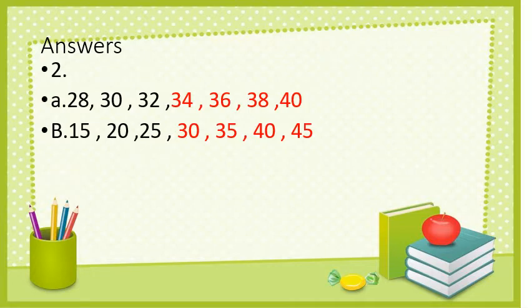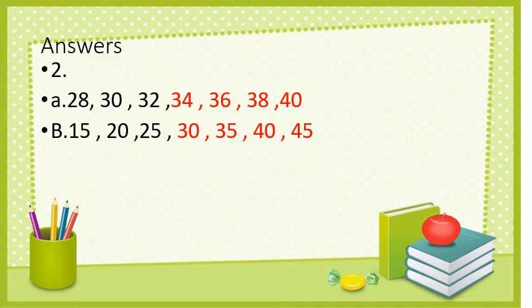Now children, look at the next question. Next question is carry on the pattern. Now look at the answer. Children, here look at the first part. You will see that three numbers are given, that is 28, 30 and 32. So children, first observe the pattern here.